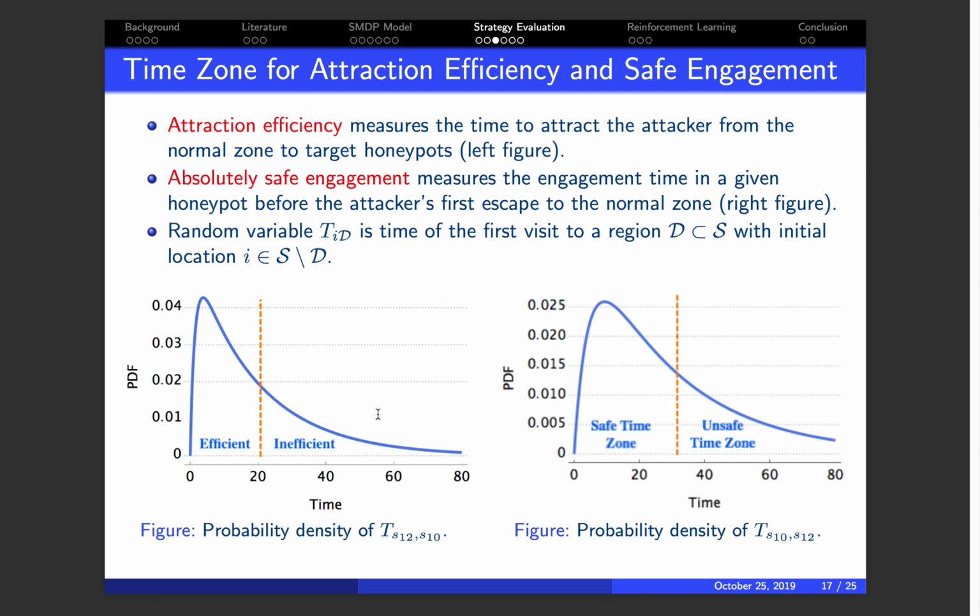On the left is the PDF of this random variable from the normal zone to the honeypot, and on the right is the PDF from the honeypot to the normal zone. And we can divide the time into different regions. For example, a region of efficient attraction or inefficient attraction, safe time or unsafe time.